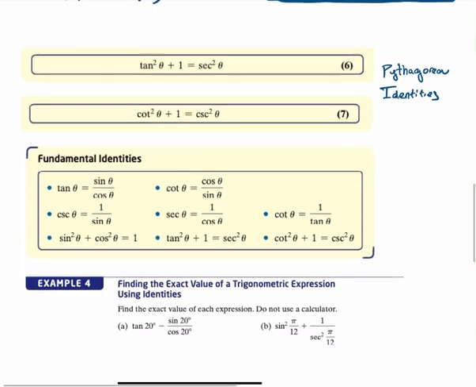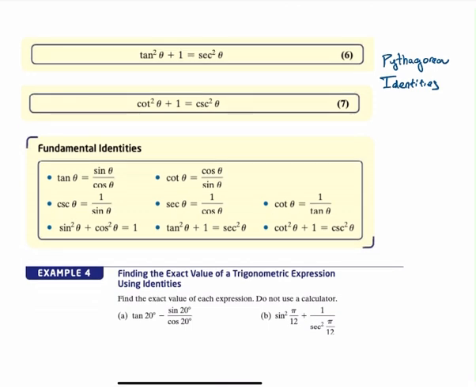So that builds this picture of our fundamental identities. These are usually the first set that we learn about. And there are more, but this is a really good starting point. So we have our quotient identities, the reciprocal identities, and then the Pythagorean identities on the bottom. I clipped this from the textbook.